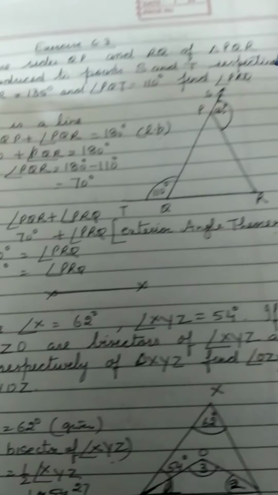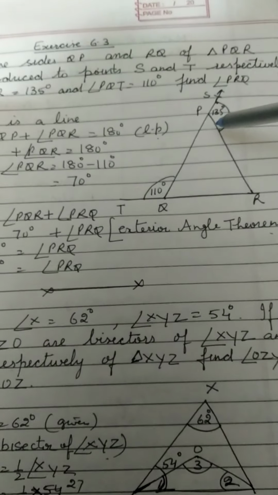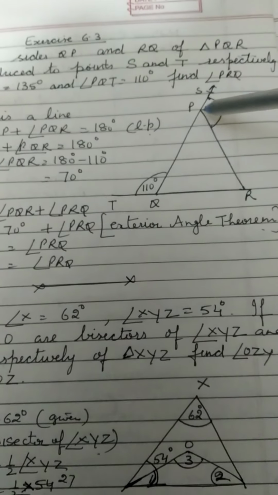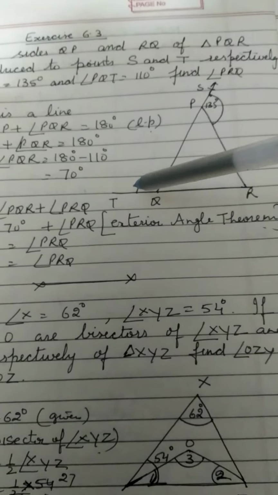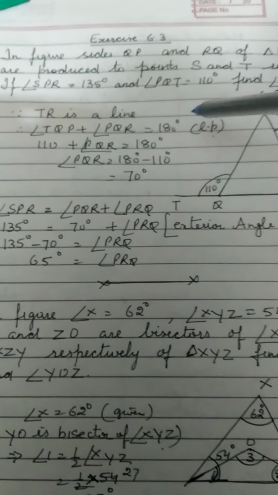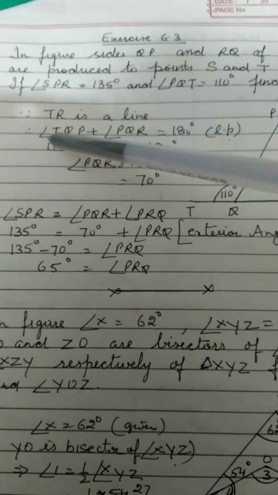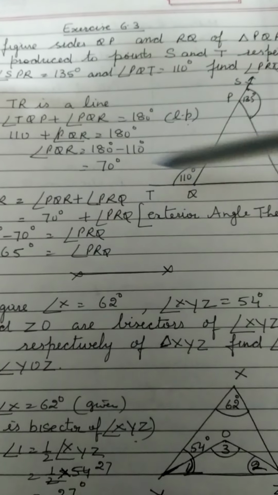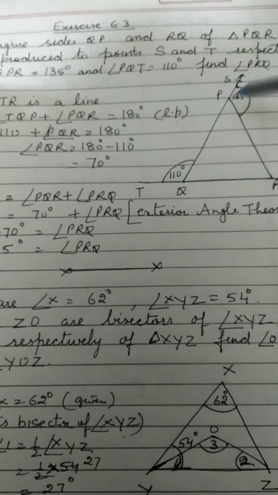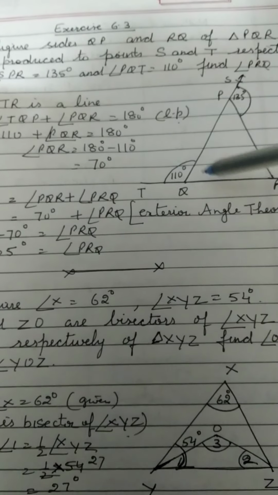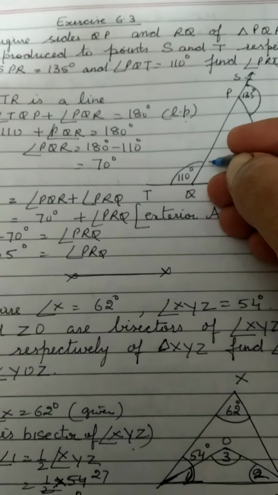Now see here, this angle is the exterior angle of triangle PQR. This is also an exterior angle of triangle PQR. See here, because TR is a line, angle TQP plus angle PQR is equal to 180, because these are forming a linear pair.